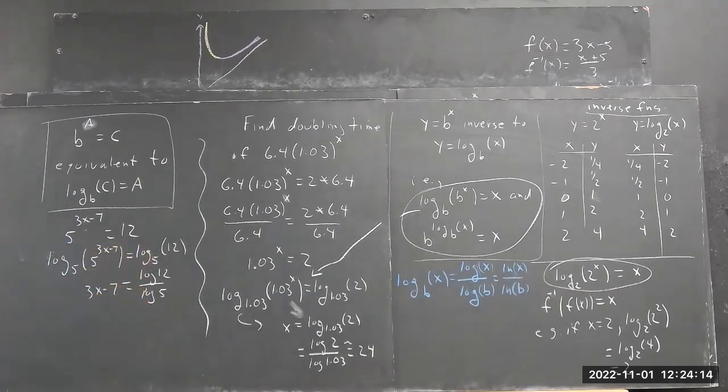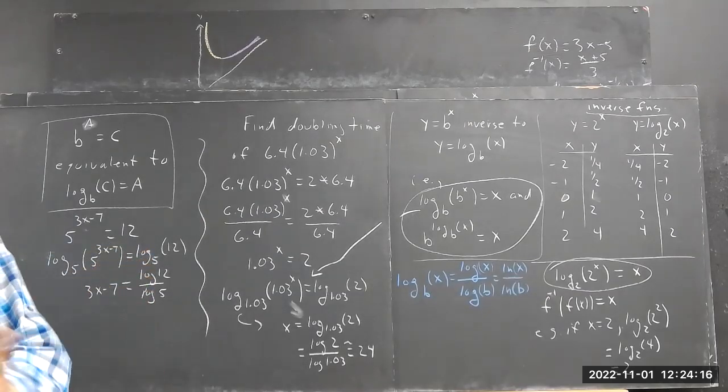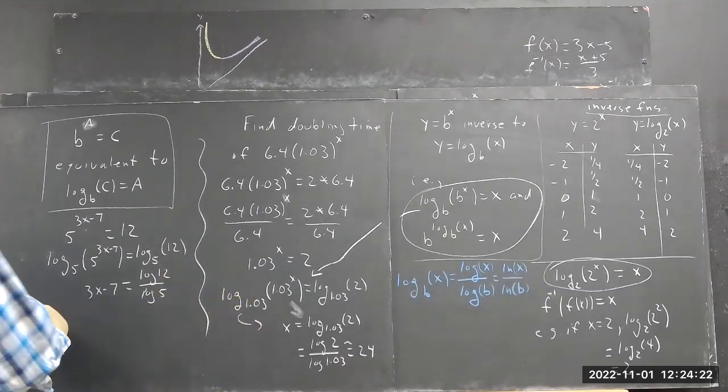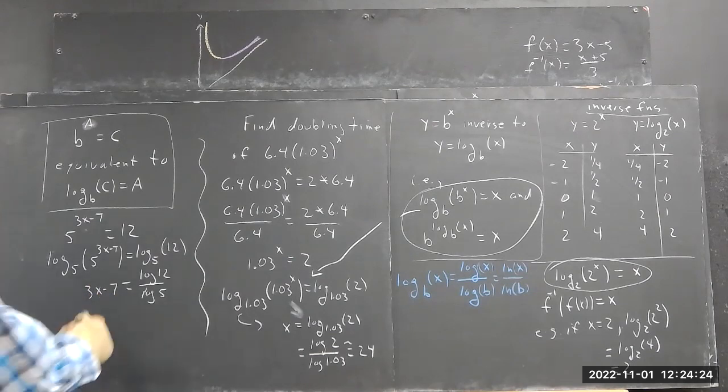Log of 12 over log of 5 is just a number that you can evaluate with your calculator. Use the log or the ln button. And then you can solve for x.